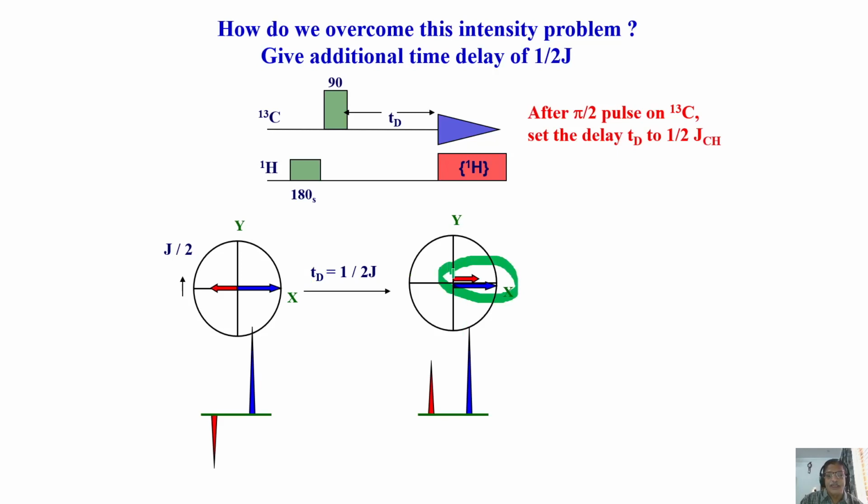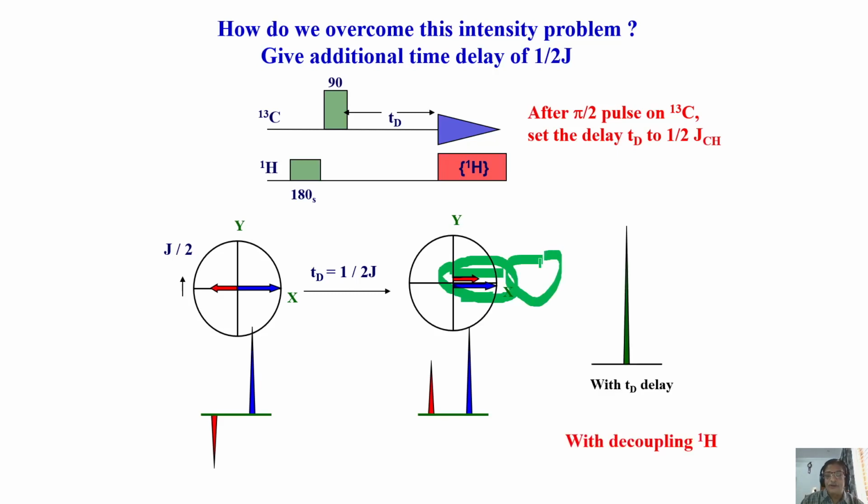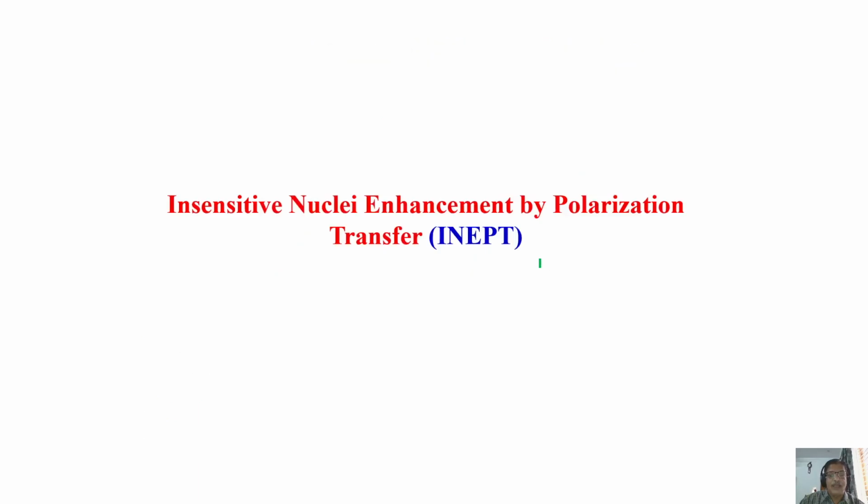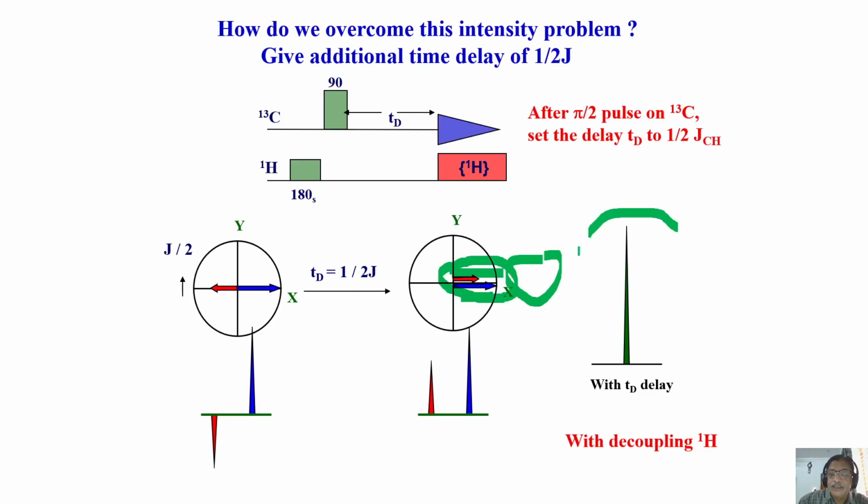In the sense, they come in the same phase on the x-axis. This is where my detector is. Now if I do the decoupling, they are not going to get nullified, they get added up. So this is what we observe. We get the gain in intensity just by putting a delay there, and the antiphase components we convert to in-phase components.